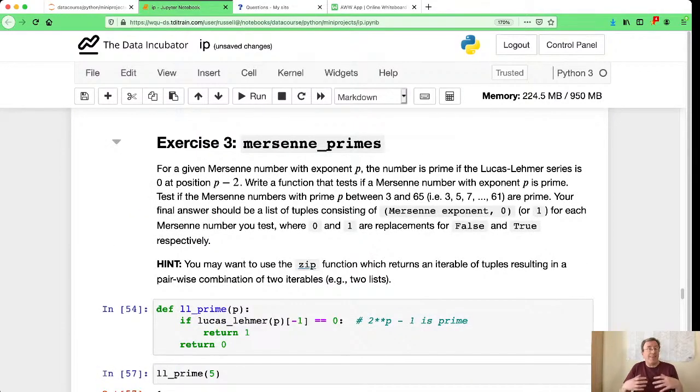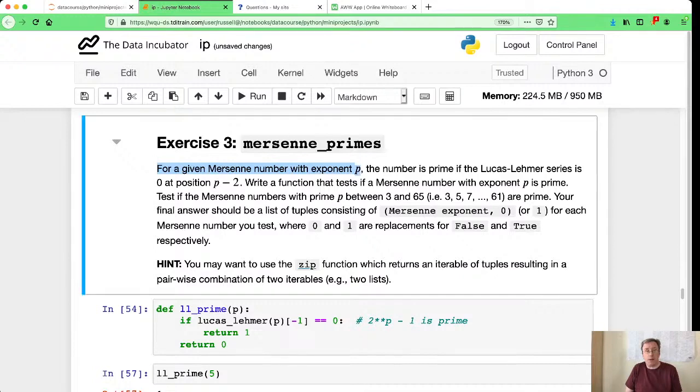This is a way of checking if a particular Mersenne number is in fact a prime number. For a given Mersenne number with exponent p, the number is prime if the Lucas-Lehmer series is 0 at position p minus 2.